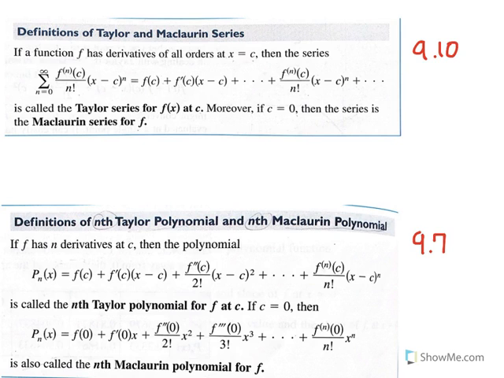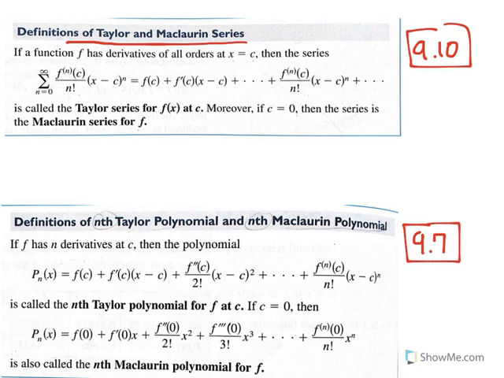So basically, the relationship between the two is, with the Taylor polynomial, it stopped at a particular degree, but with the Taylor series, it keeps going forever. But you form the coefficients in the same way, and you can see that by comparing the definitions of the two. So in section 9.10, we have definitions of Taylor and Maclaurin series.